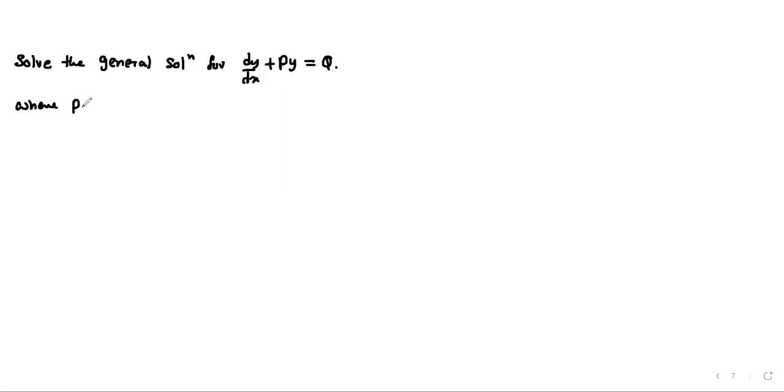Now we have to form a general format to solve the above type of equation. So if you happen to see a question like this: solve the general solution for dy by dx plus py equals q, where p and q are functions of x.